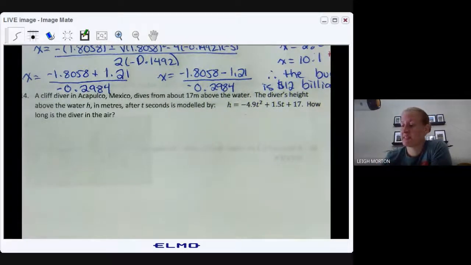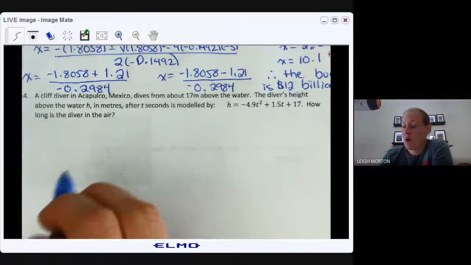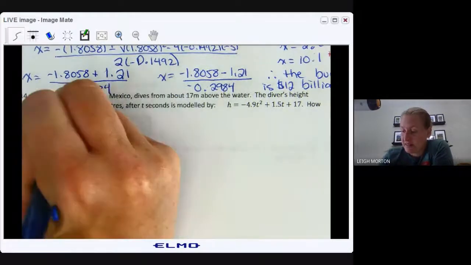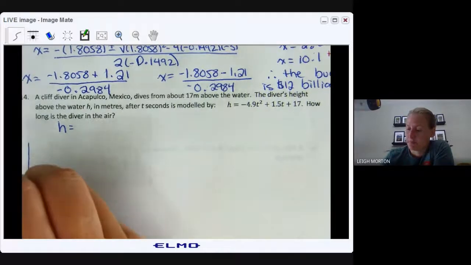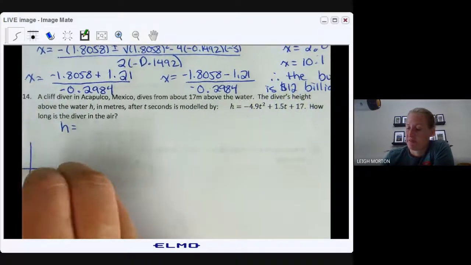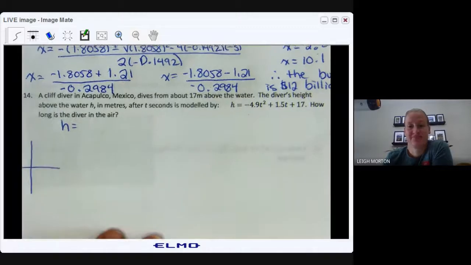So how long is the diver in the air? Well, we need to ask ourselves, what is their height when they hit the water? Feel free to send it in the chat.